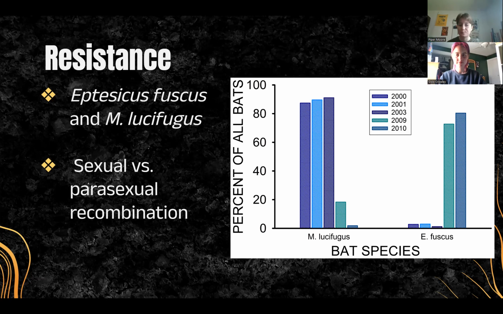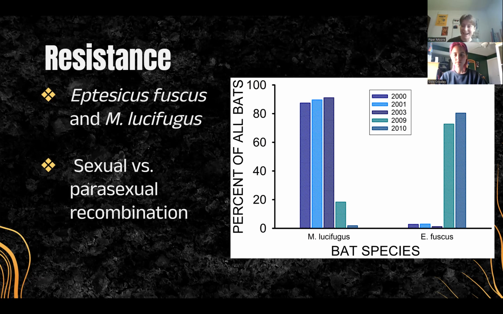Recombination in parasexual recombination occurs through errors during mitosis. However, sexual recombination occurs during meiosis. Why that difference is crucial is because meiosis produces genetically different daughter cells, whereas during mitosis the daughter cells are genetically identical to the parent cell.